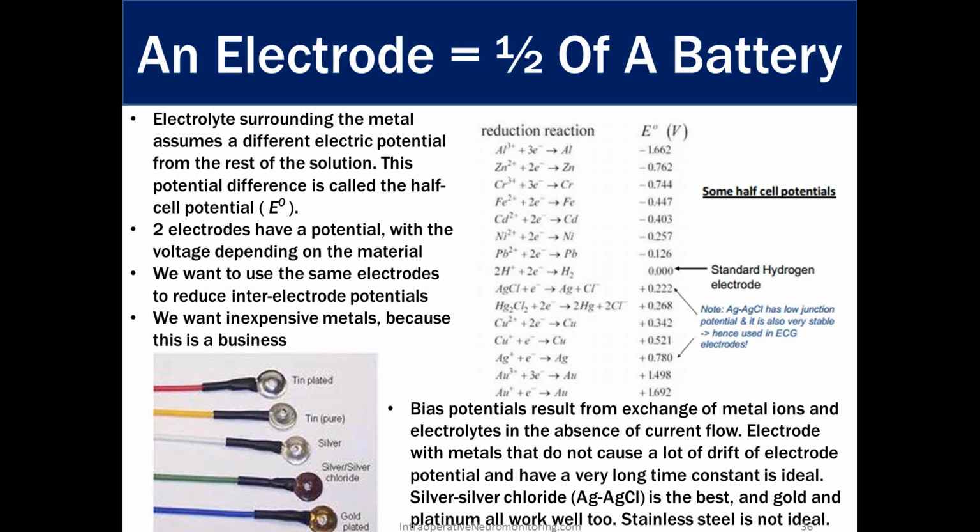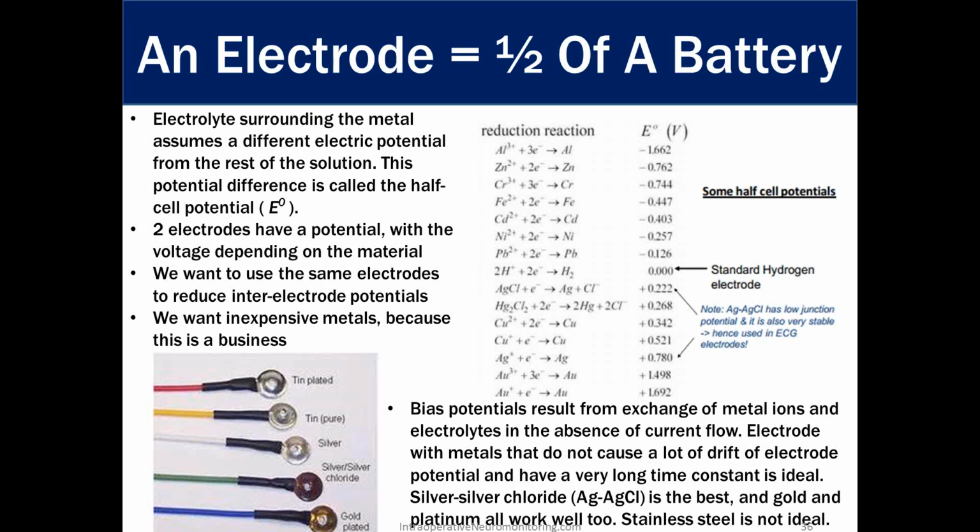But if you have, say, a gold-plated EEG electrode as your FZ, and you use tin for your CP3, and then you use silver for your CP4, there is going to be a difference in the conduction of those metals, and you will have skewed results from your EEGs or SSEPs. So you want to make sure that you have the same material because it will have the same or similar enough inter-electrode potential.